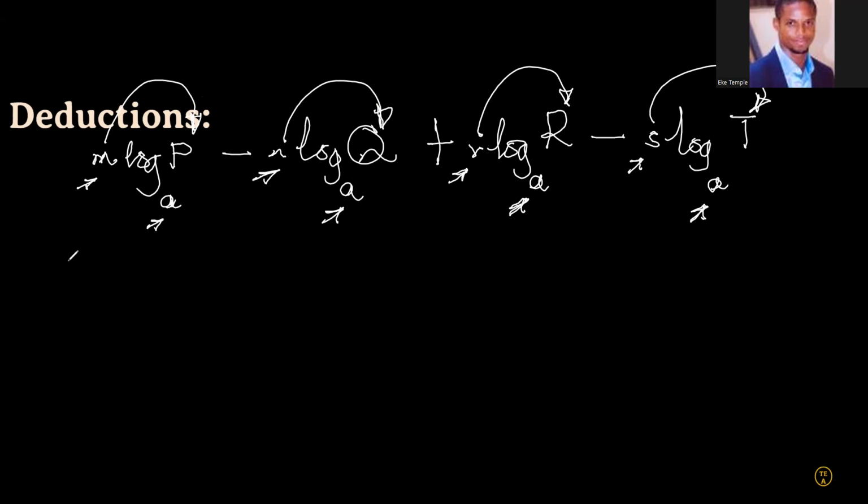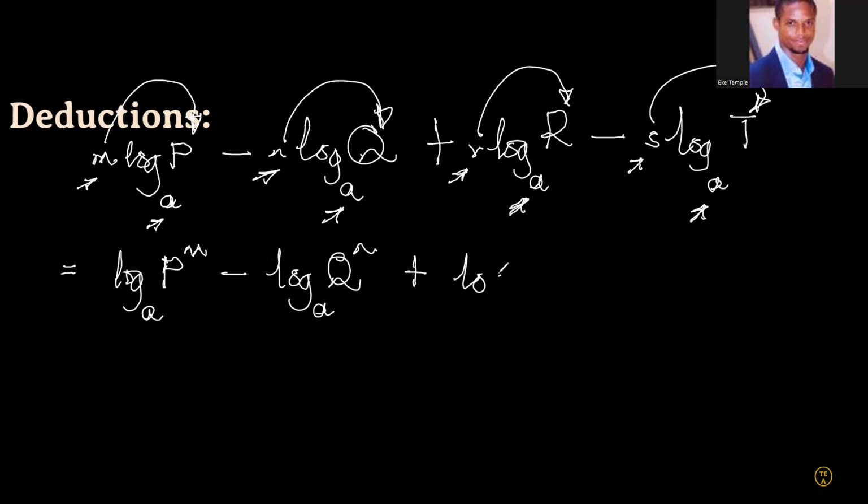This can be written as log to base A of P to the power M, the M goes up as the power on the argument, minus log to base A of Q to the power N, plus log to base A of R to the power lowercase r, and finally minus the same logarithm to base A of T to the power S.